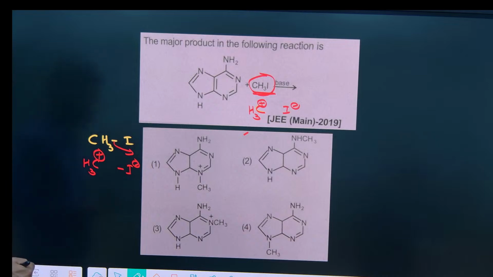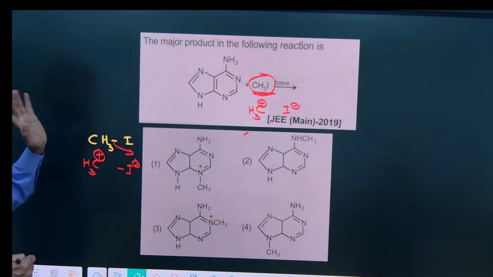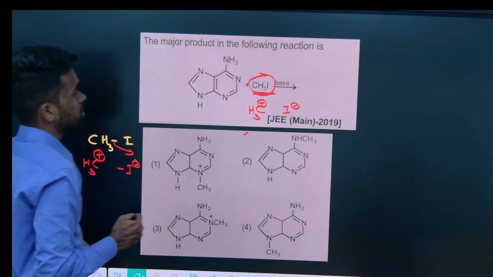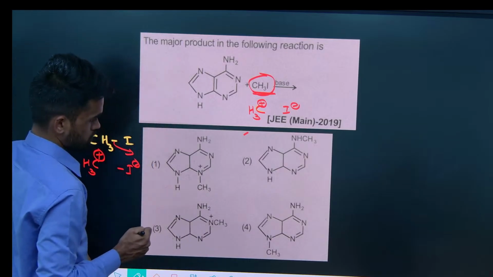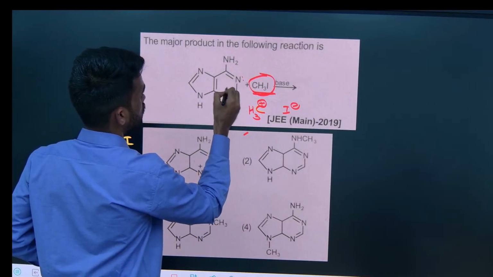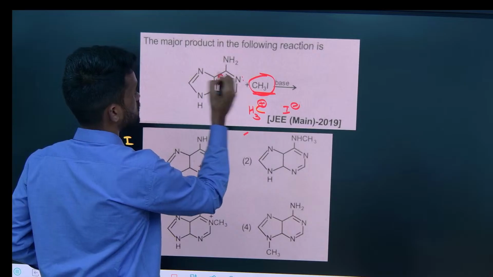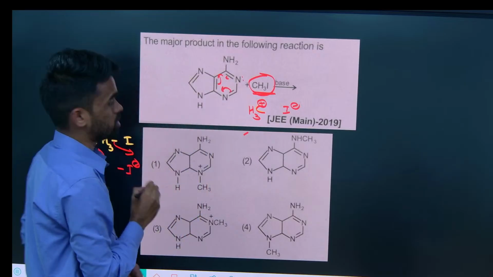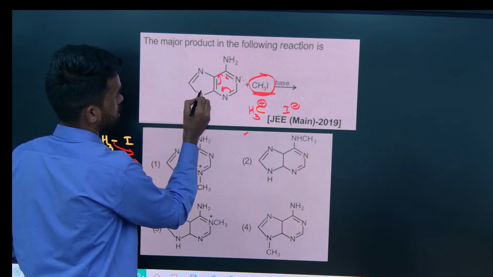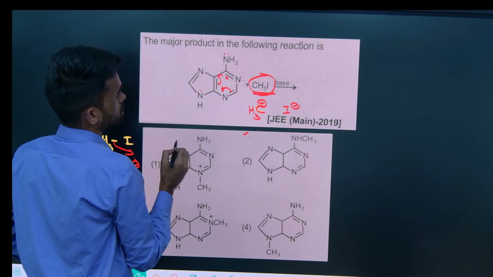If you look at the options, the methyl group in all options went to a nitrogen atom only. So you need to choose the nitrogen which has more electron density. If I consider these in conjugation like this, and all nitrogens are in conjugation, see what I am doing: lone pair electrons are there.